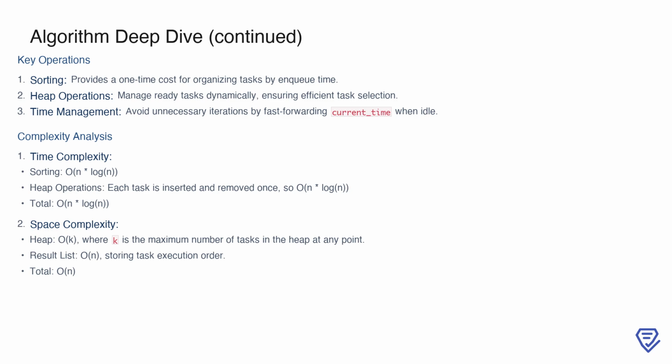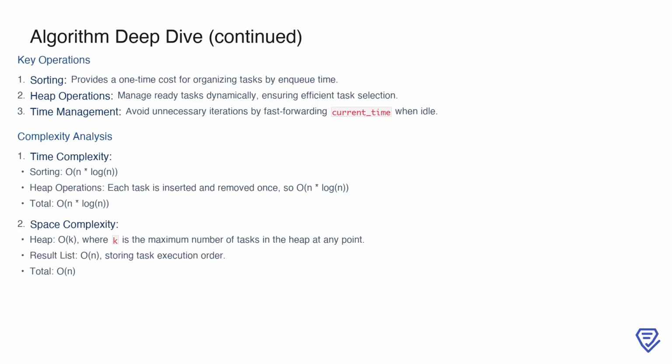The key operations in this algorithm include sorting, which organizes tasks by their in-queue time, and heap operations, which dynamically manage ready tasks. Together, these steps ensure efficient task selection and execution. Time management is another crucial operation, as advancing the current time during idle periods avoids unnecessary computation.